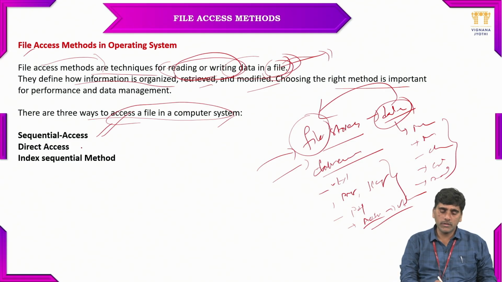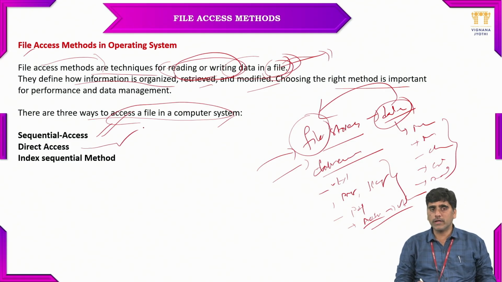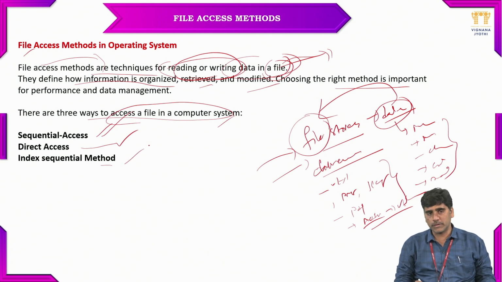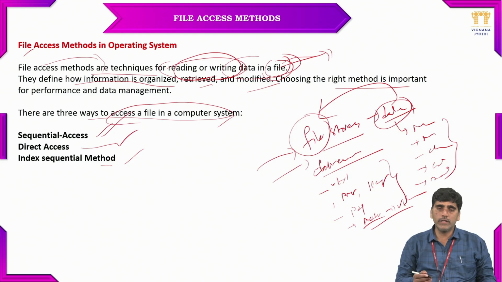And the third one is the index sequential method, where based on the indexes we access the particular file. These are the three ways to access a file in a computer system. Nowadays we access a file from the hard disk or the computer system, but how we access it, we know.